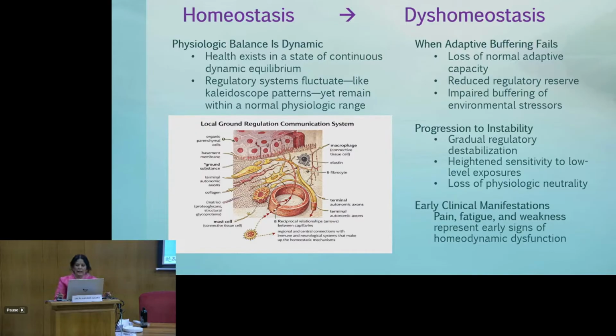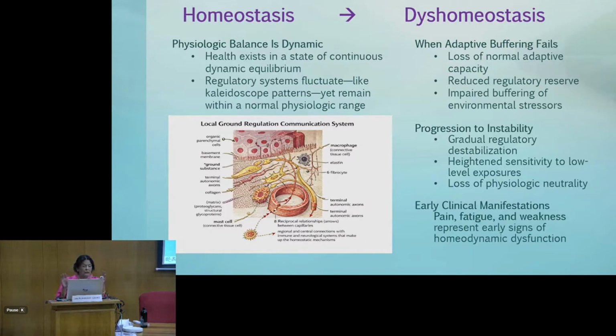Early clinical manifestation of hemodynamic dysfunction is pain. And you can see that the sensory fibers release substance P, and that's where the pain is derived. One gets fatigue, which is part of the malfunctioning of mitochondria, and the body becomes weak.